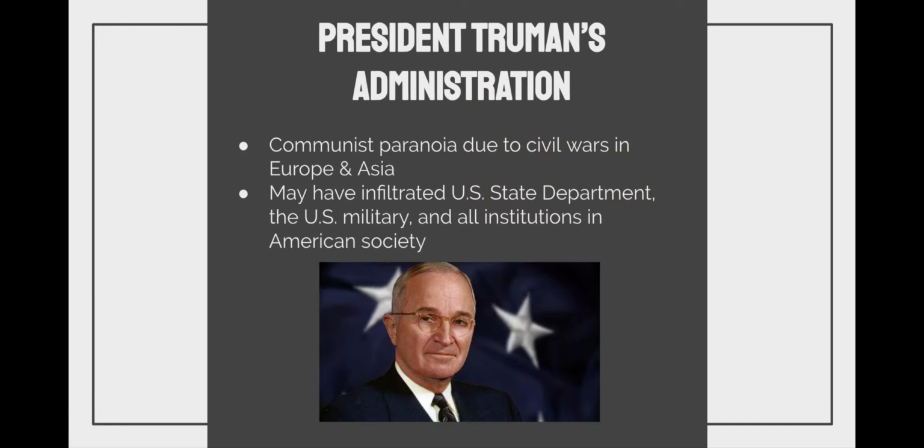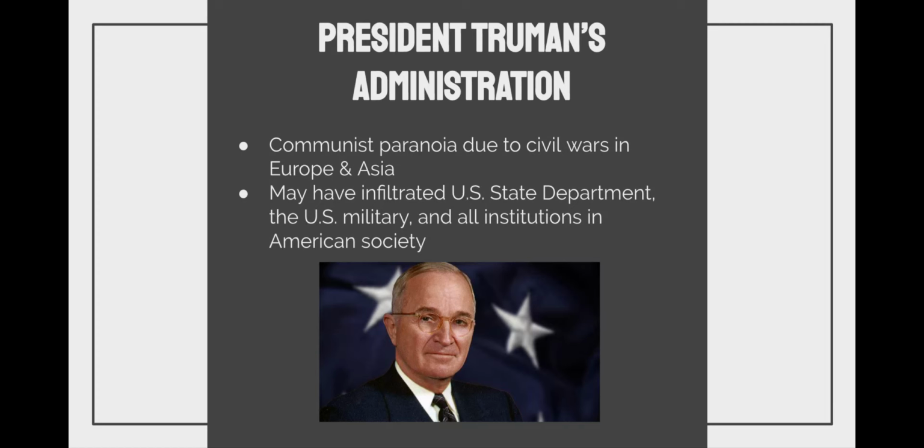President Truman's administration, he was definitely a little paranoid about communism. You would see civil wars in Europe and Asia after World War II. Different countries had, kind of, civil wars. They had rebellions because people after a war generally economically aren't doing so well.